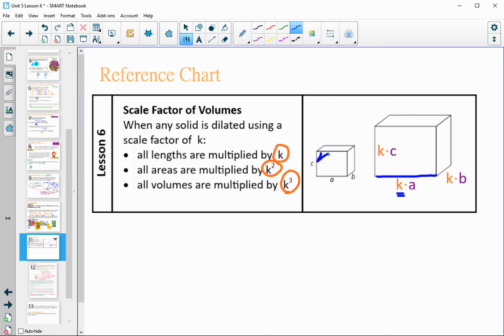Now if we get into area and you're multiplying these, now you've got 2 k's, so area is going to be a k squared difference. And then when we add in that depth to get the volume, now you add in a third k. So k for the lengths, k squared for area, k cubed for volume.